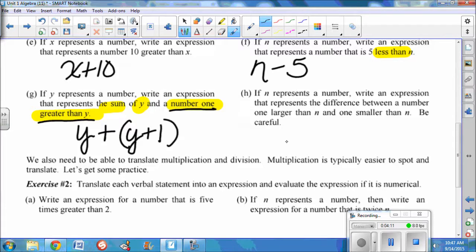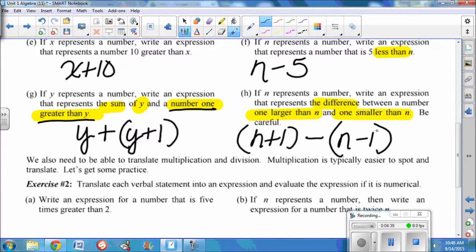If n represents a number, write an expression that represents the difference, some keywords, difference between a number 1 larger than n and a number 1 smaller than n. So 1 larger than n is n plus 1, difference, and a number 1 smaller than n.